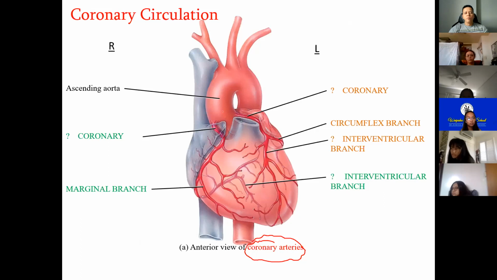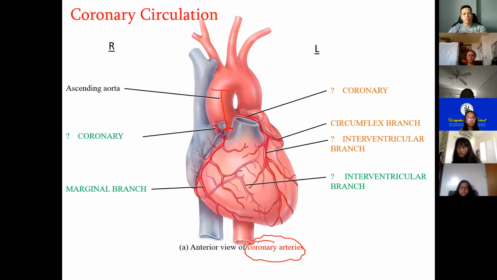Now, we're going to see here that from the ascending aorta, we're going to have 2 major blood vessels of the coronary artery that are literally siphoning oxygenated blood straight from the ascending aorta.